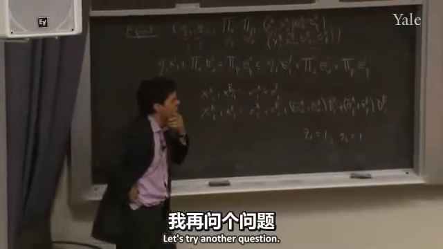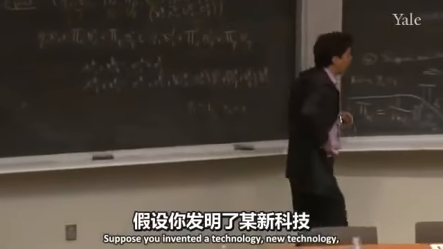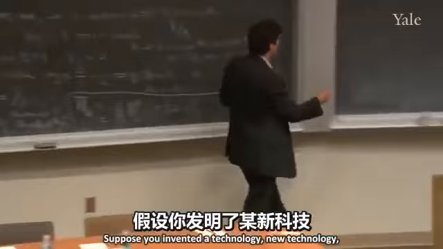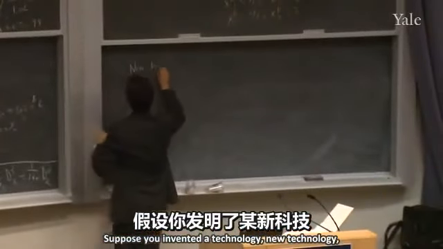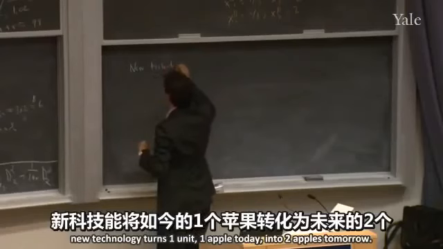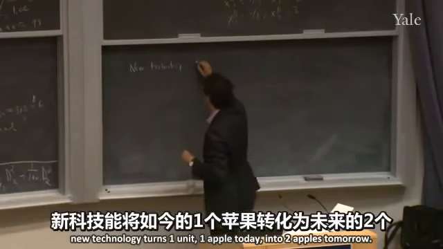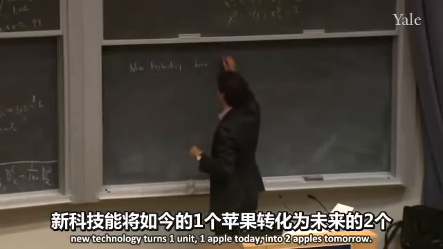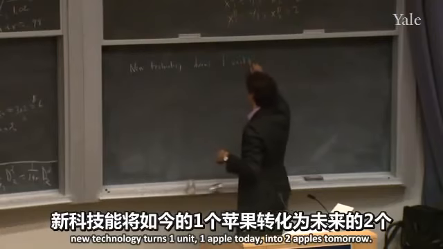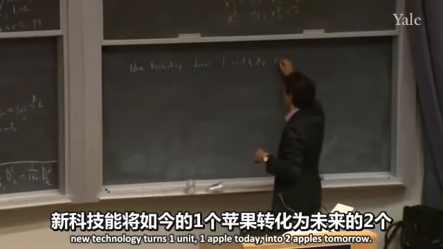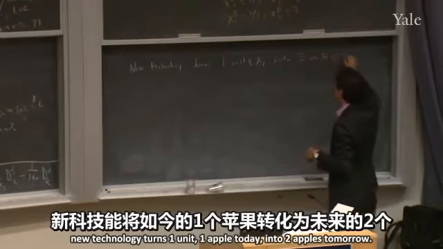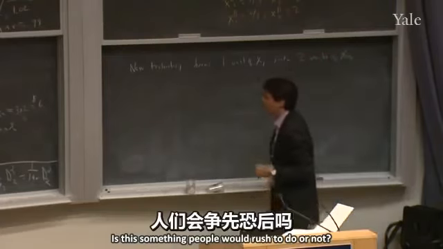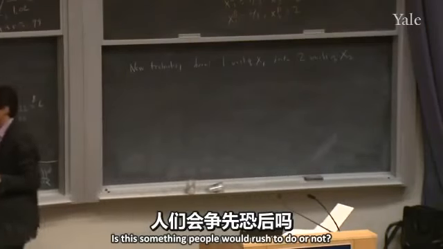Okay, let's try another question. Suppose you invented a new technology. New technology turns one unit, one apple today, into 2 apples tomorrow. Is this something people would rush to do or not?